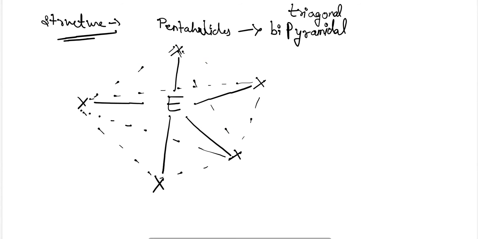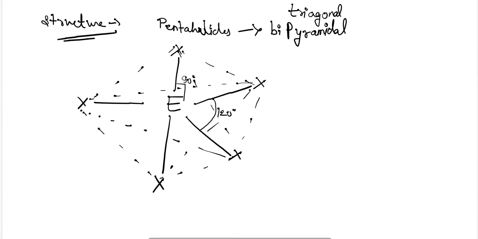This structure is termed trigonal bipyramidal. One more thing: the angle in the plane is 120 degrees, and the upper halogen and the lower halogen make 90 degrees with the group 15 element.